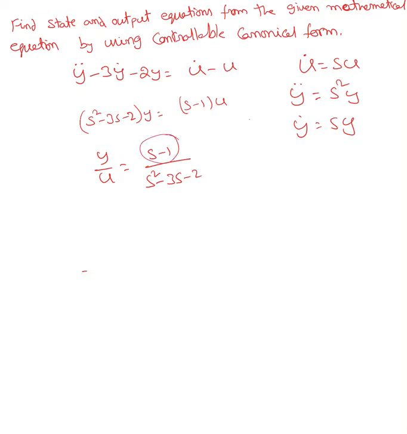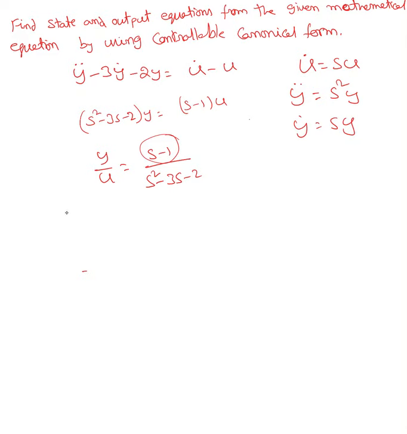That's what the number of zeros, or the numerator, tells us. Now, in the previous example, you always had y over u equal to 1 over something, so there were no zeros, and that was easy. Now here I have some zeros, so I'm going to define one more variable.